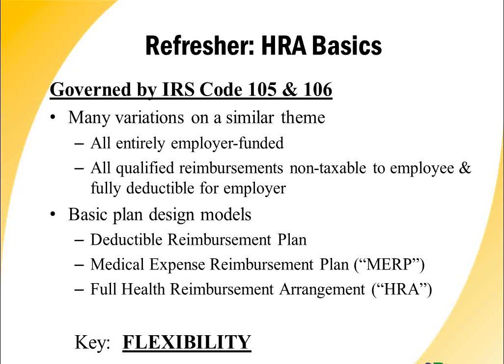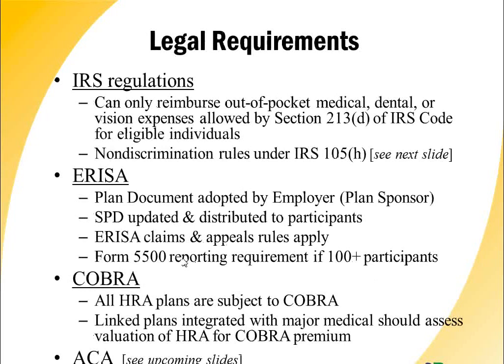Flexibility in the amount of contributions that an employer can make, flexibility in the types of expenses that are covered, flexibility in the types of plan designs that an HRA can help an employer provide benefits to employees. So there are many variations on a similar theme, and Jamie will get into those variations towards the second half of the presentation.